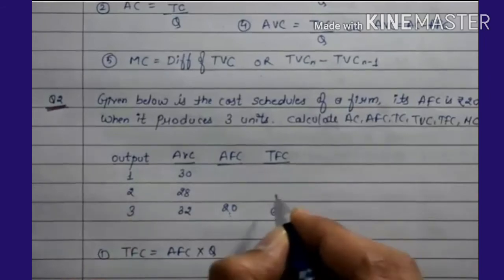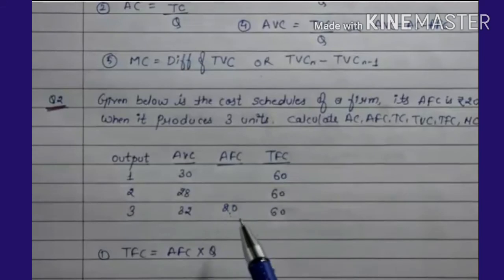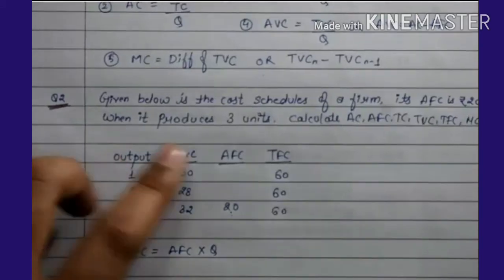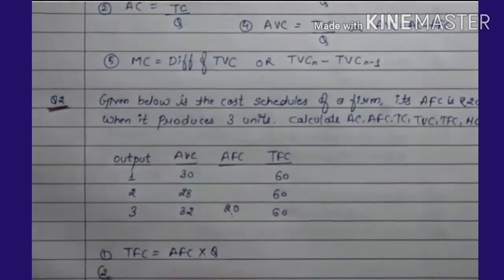So first you will be multiplying 20 into 3, then you will be getting 60. You know that TFC is constant to all, so you can put 60 directly to all TFCs. Okay, then next you can just fill up this AFC. So how will you fill AFC?